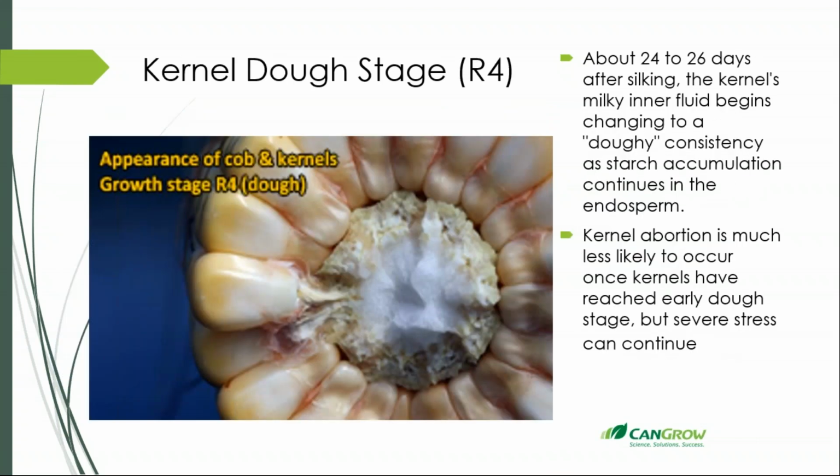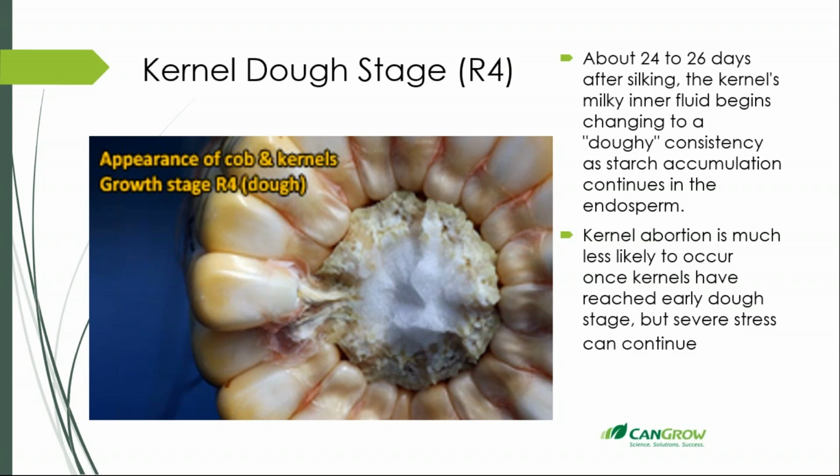So this kernel dough stage, R4, is about 24 to 26 days after silking, when the kernel's milk changes. We have this doughy consistency because starch is starting to accumulate in the endosperm.